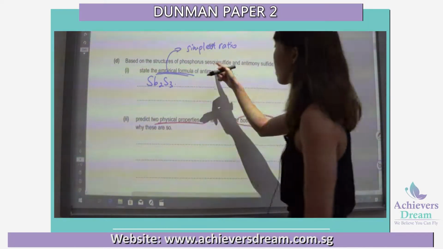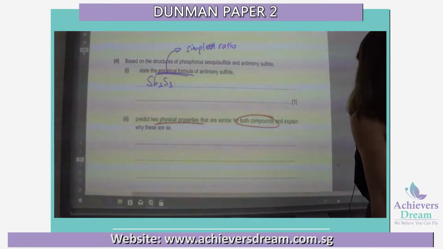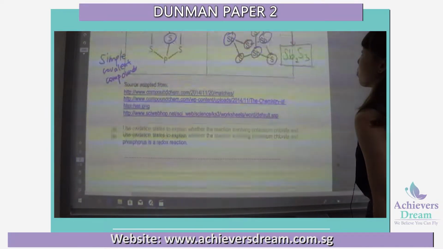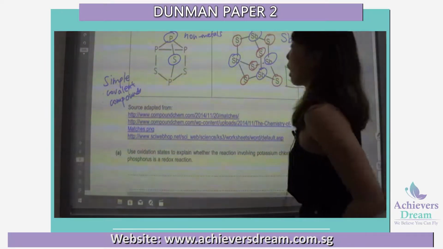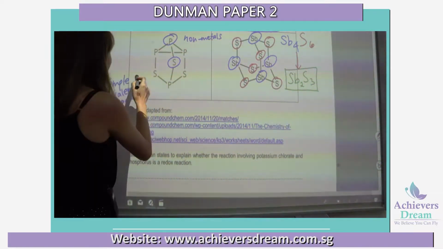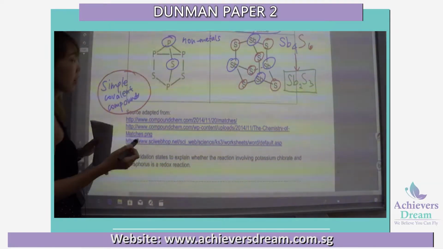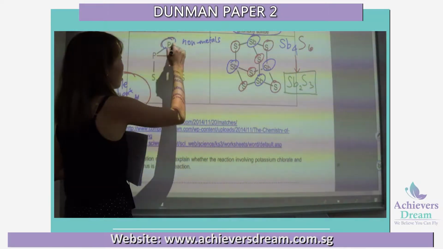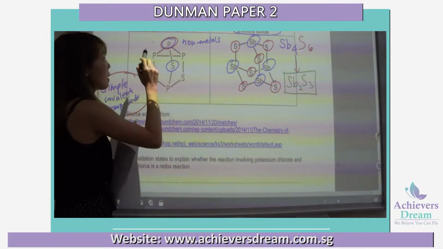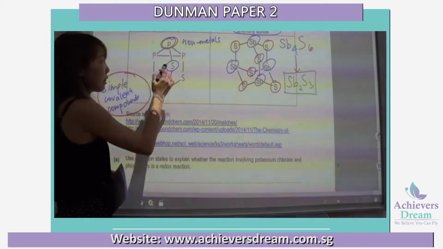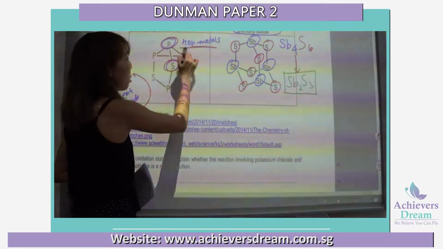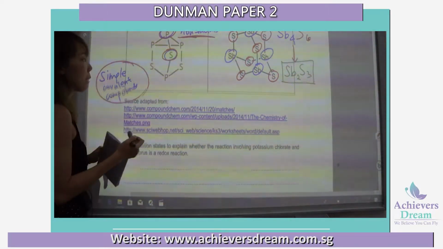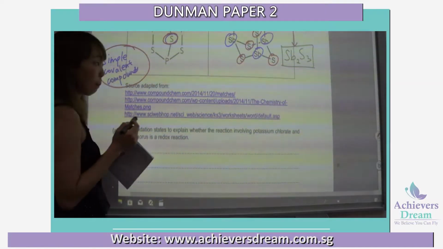Okay, so for phosphorus sesquisulfide and antimony sulfide, what's the similarity between their compounds? They are both simple covalent compounds, correct? How do I know it? Look at phosphorus sesquisulfide. It is made up of phosphorus and sulfur atoms. Both of them are non-metals. So non-metal plus non-metal, it will be a simple covalent compound.